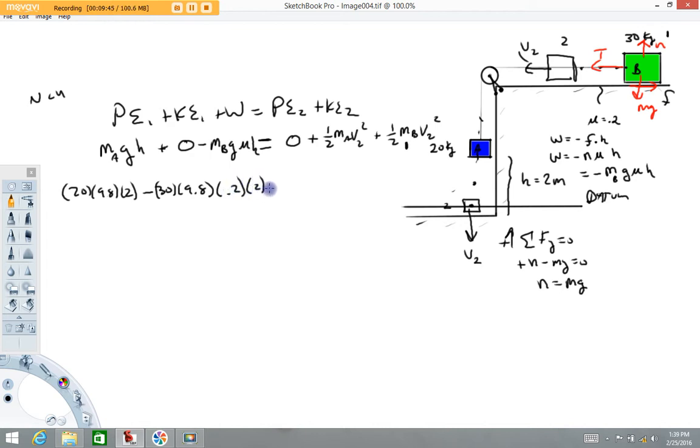times 2 equals, all right, very similar to the previous problem, mass A over 2, or 1/2 mass A, would be 10 V2 squared plus 1/2 of mass B, with mass B being 30, would be 15 V2 squared. I'm going to go ahead and just get a number for that now.